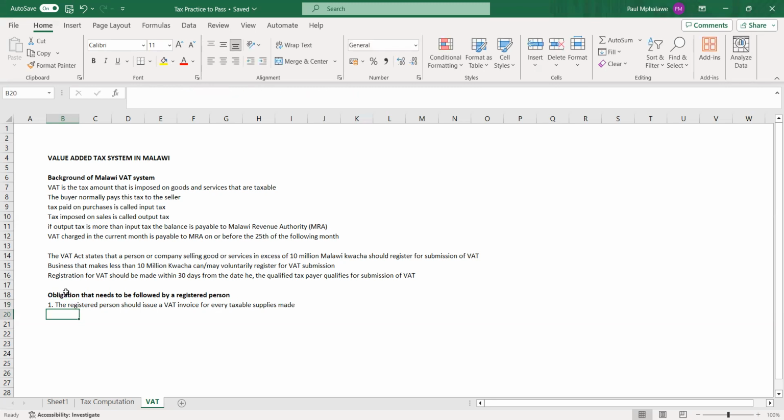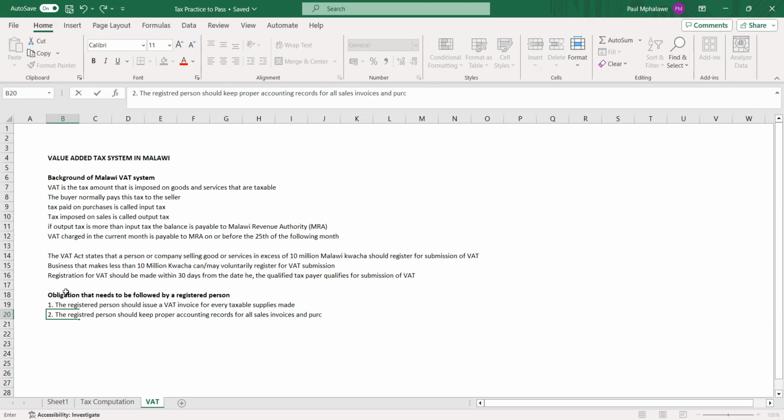Okay, you should issue a tax invoice. Number two, the registered person should keep proper accounting records for all sales invoices and purchase invoices.